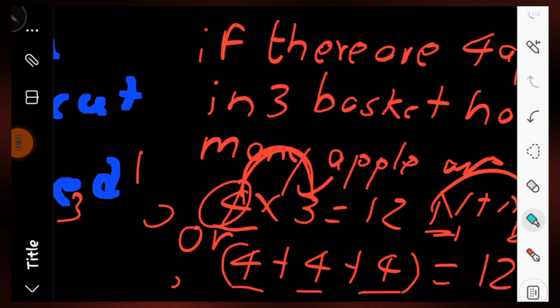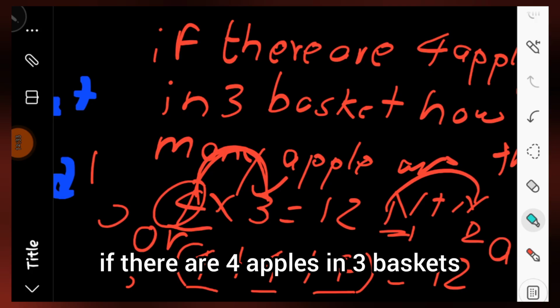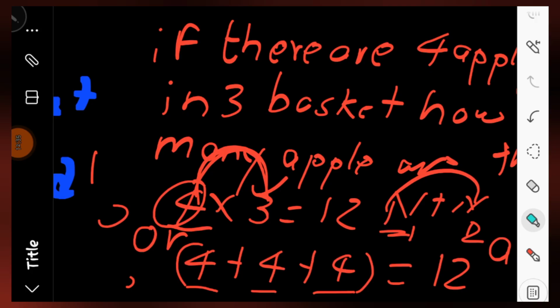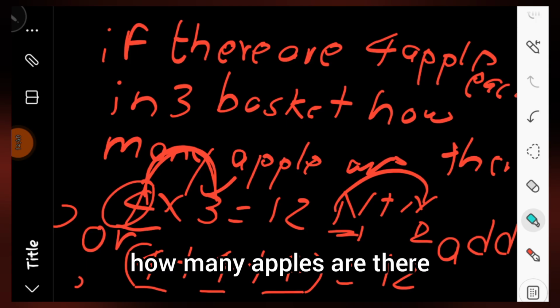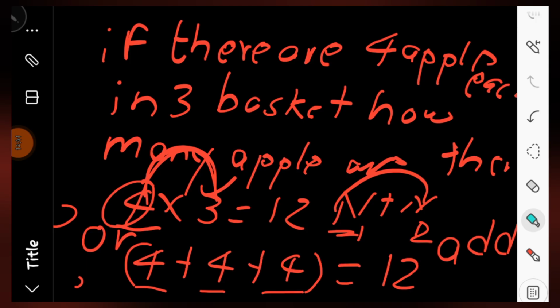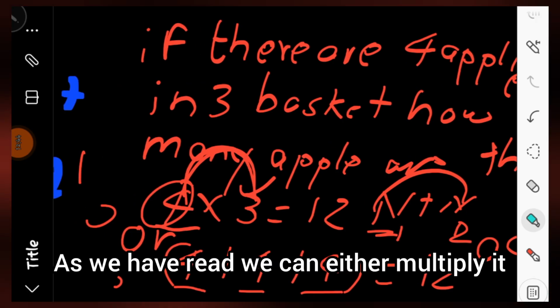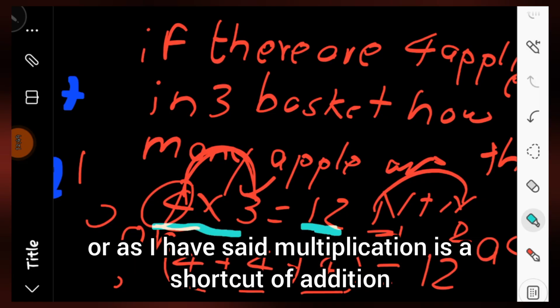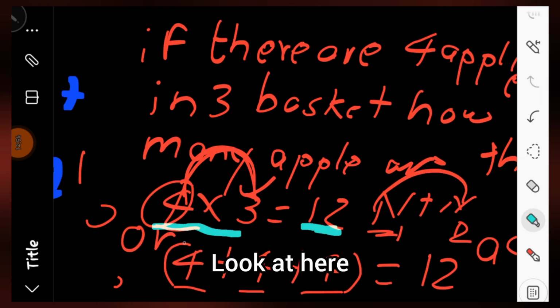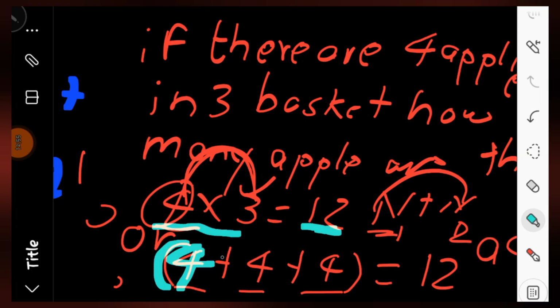For example, if there are 4 apples each in 3 baskets, how many apples are there? Now, as we have read, we can either multiply, resulting in 12, or as I have said, multiplication is a shortcut of addition. Look here, 4 plus 4 plus 4.